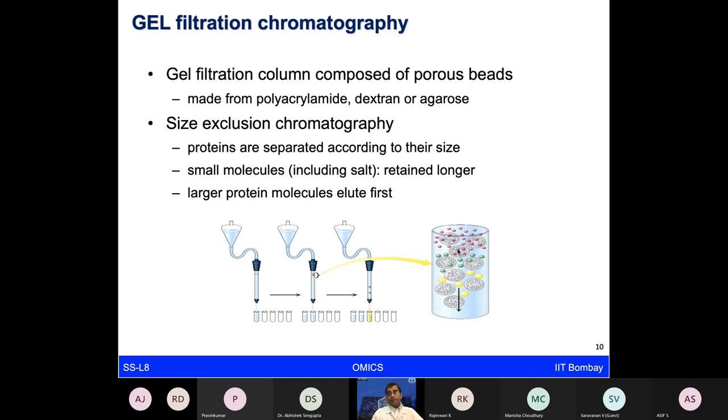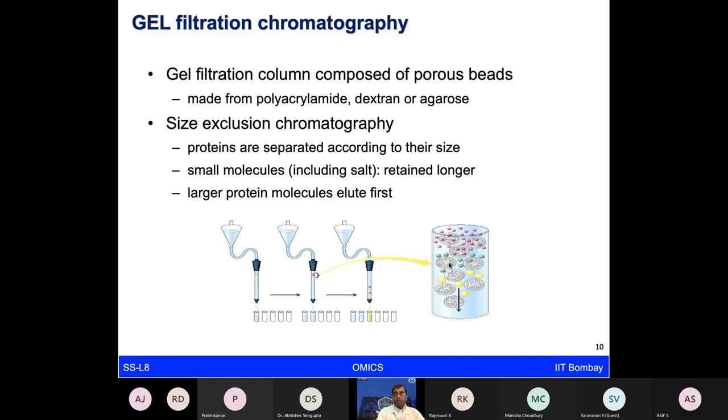In this case, the beads are made from polyacrylamide, dextran, or agarose. When you pass the protein mixture through the chromatographic resin, the proteins get separated based on size. The small molecules, like very small proteins or even salt, will be retained in these beads, so they are going to take longer to travel.